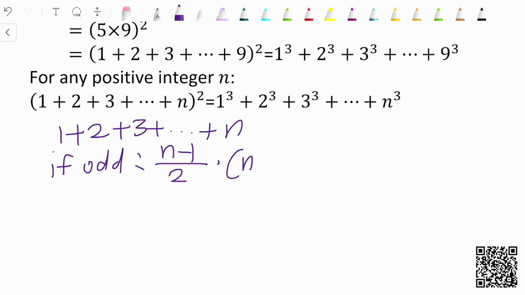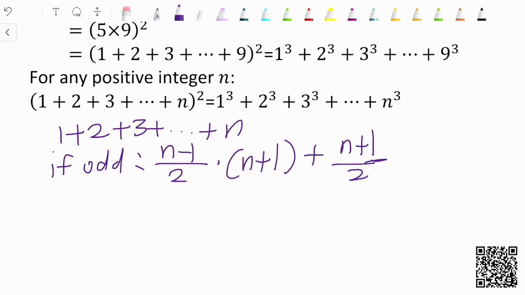So then this is multiplied by n plus 1, and then we have to add the middle number, the median, which has not yet been added, which is equivalent to n plus 1 divided by 2.